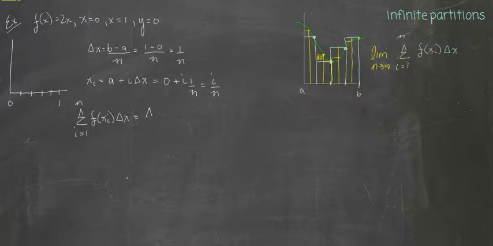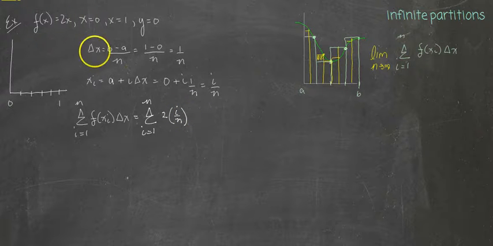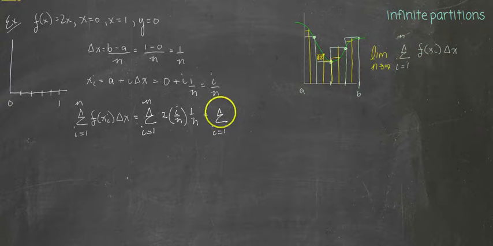So I can just rewrite this using all those values. The function is 2 times xi, i over n, times delta x, 1 over n. And now I can clean this up even more: 2i over n squared.